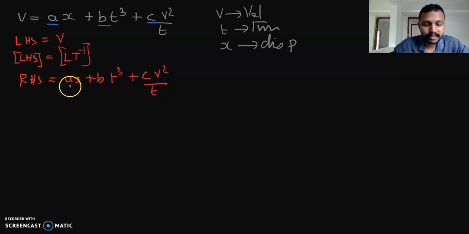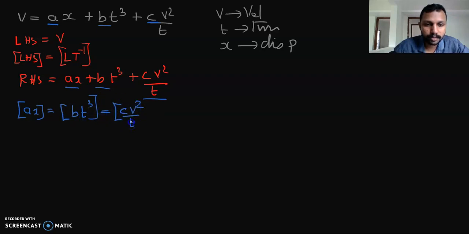In the RHS we have terms which are added. Therefore, the dimensional formula of ax should be equal to the dimensional formula of bt³, and that should be equal to the dimensional formula of cv²/t. This is the condition for the terms which are added: they should have the same dimensional formula and SI unit.